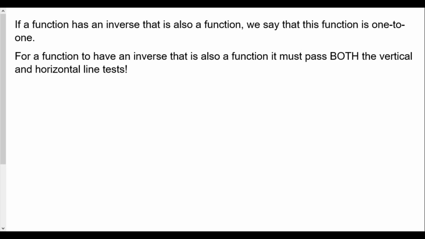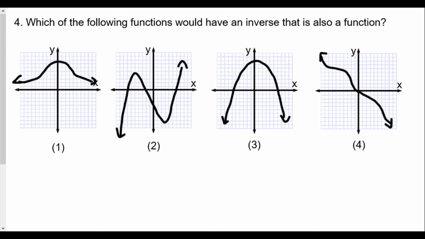So let's go back to our question here. Which of the following has an inverse that is also a function? Well, these are all functions because the vertical line test works out great. But we'll see when we apply the horizontal line test here. Horizontal line, nope, no good because we hit 3 points. So not going to be a one-to-one function. And then here for this one, we hit 2 points. So this will not be a one-to-one function.